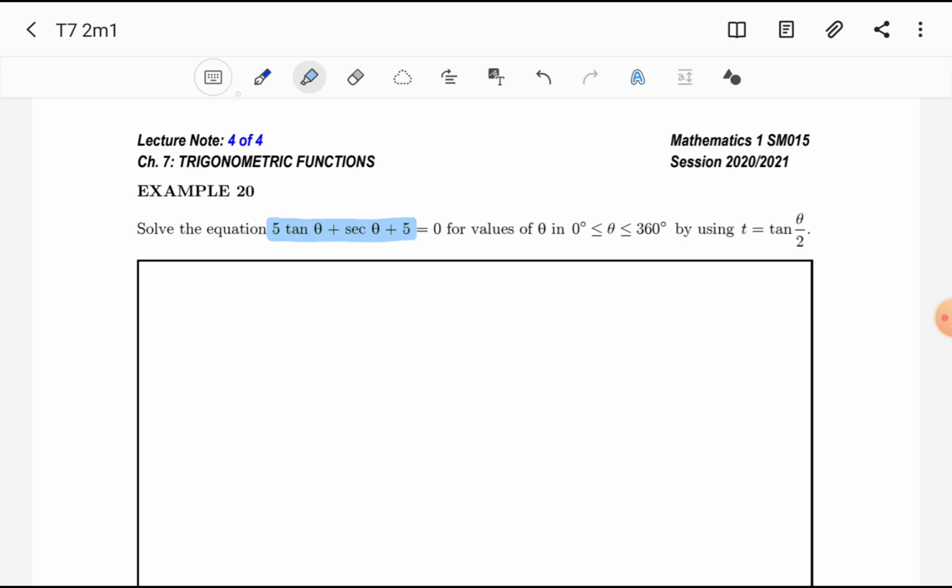So kita akan tukar. Secant is 1 over cos theta, so 5 tangent theta plus 1 over cos theta plus 5 equal to 0.